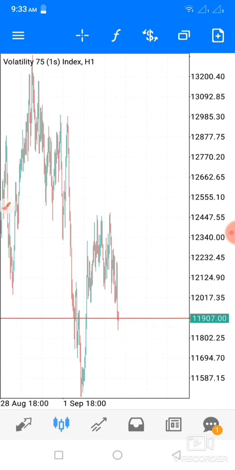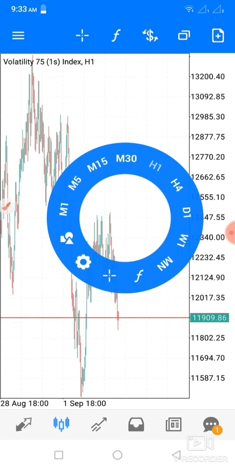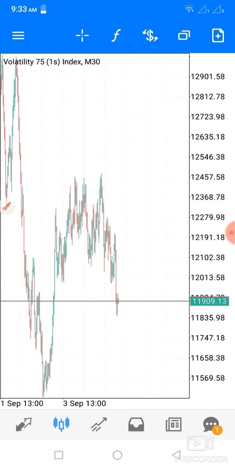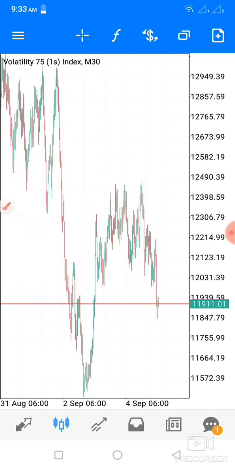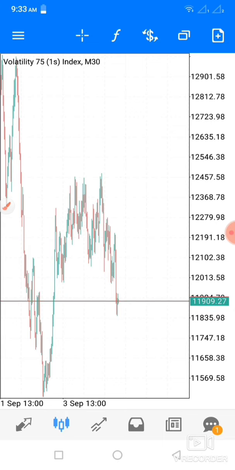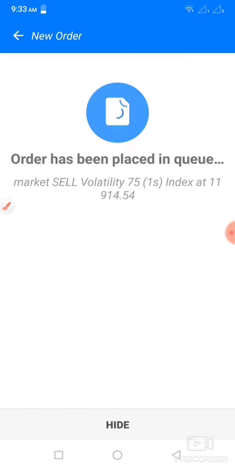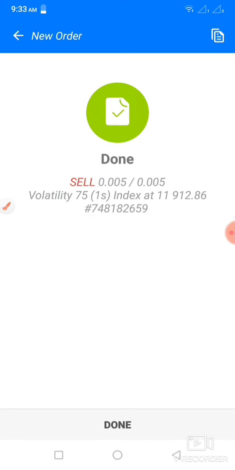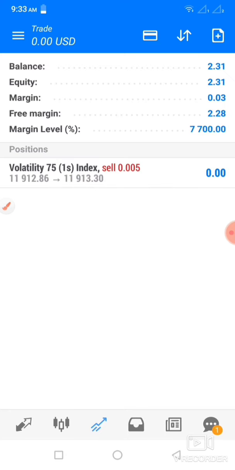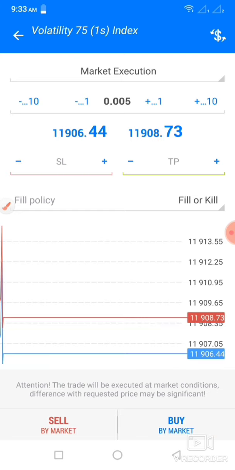H1 is saying downward trend, and M30 is also a downward trend. So I can simply place, this is the minimum lot size, I can simply place a sell. I opened my trade, and by then my trade is very safe. But you can also adjust the lot size if you are willing to do so.